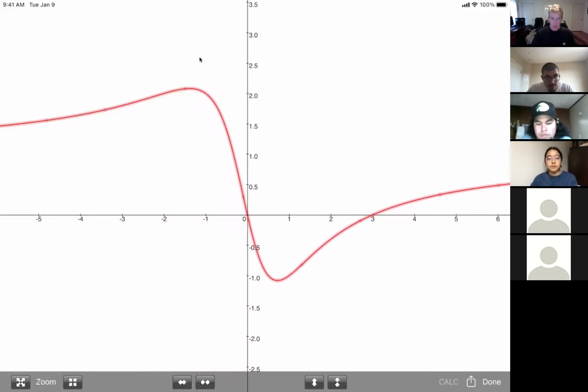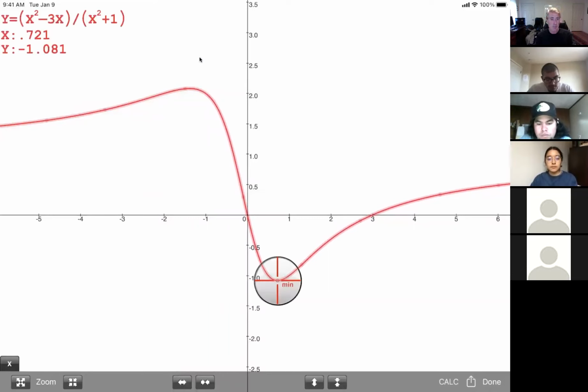And it looks like there are 2 places where the derivative equals 0. Right there at the bottom, it looks like x equals 0.721. And then up here, when it reaches the top, negative 1.387.